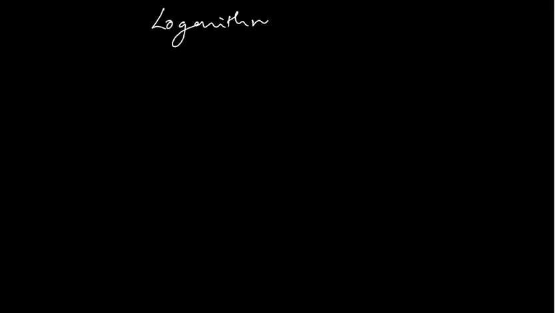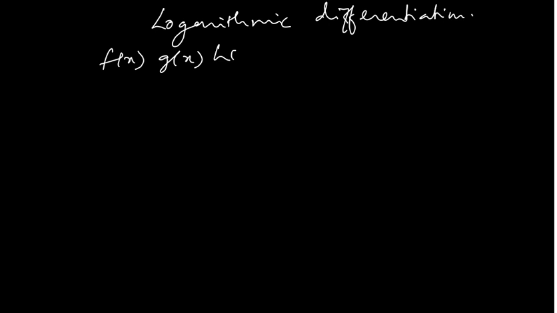Logarithmic differentiation. So what this means is, for example, whenever there is a product of functions f of x, g of x, h of x, k of x, like that, and you want to differentiate this, then you have a method like first consider this as u and this as v. Again inside that you will have something, this one, this one, this one.